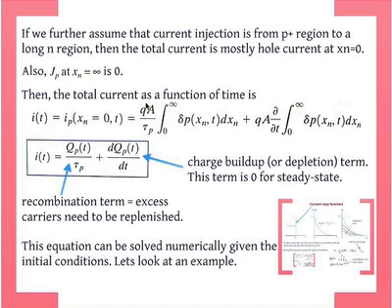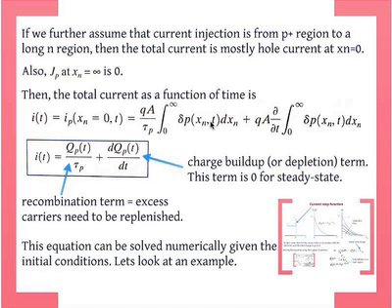So let's first think about the first term here. What does this say? At some instant of time, this is essentially adding up all the excess carriers on the n side, times Q times A divided by tau p.